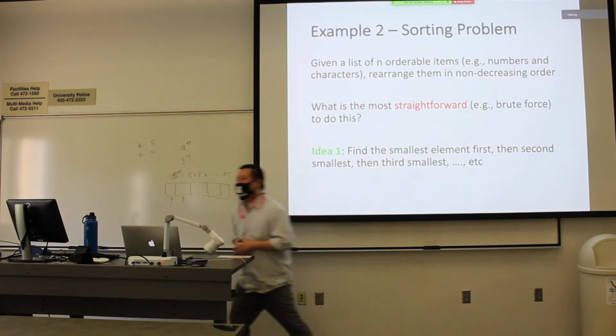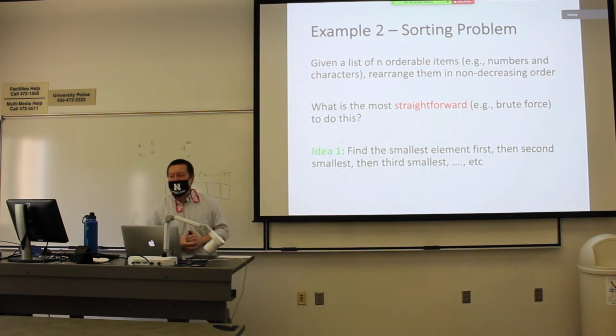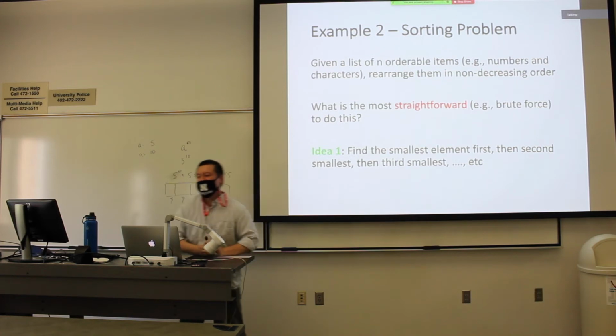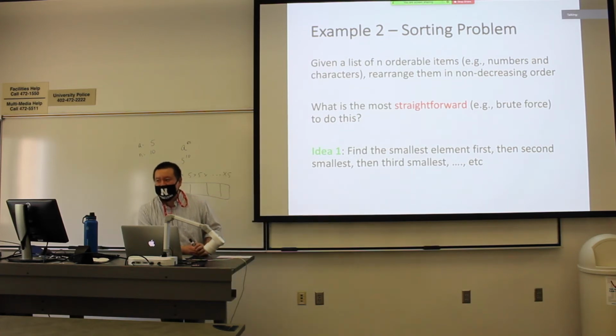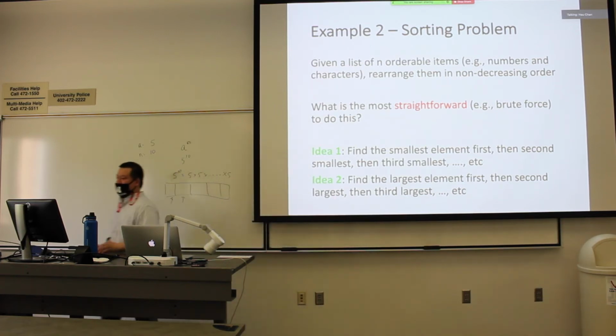You could do bubble sort, where you compare two values next to each other and then swap them so that they're in non-decreasing order, and then you do that however many times you have to until the entire list is sorted. Yeah, so that is another strategy where you look at the largest elements first.